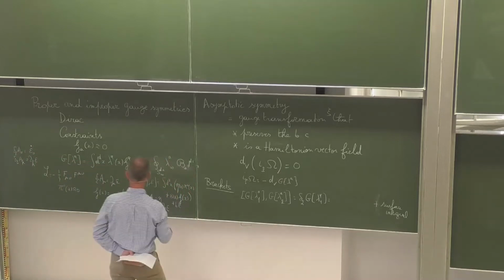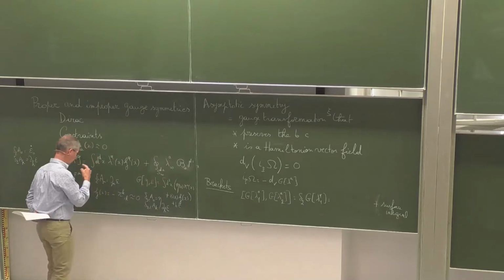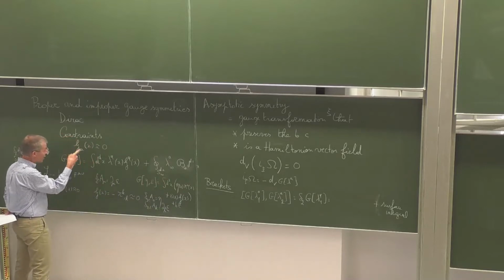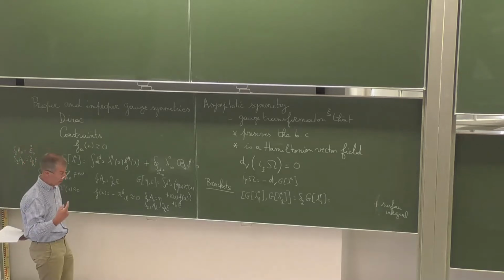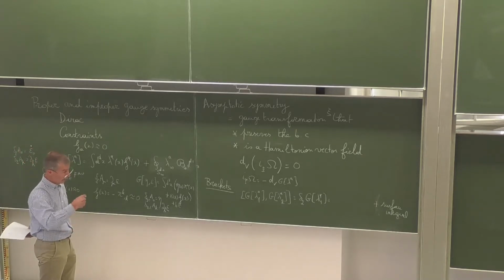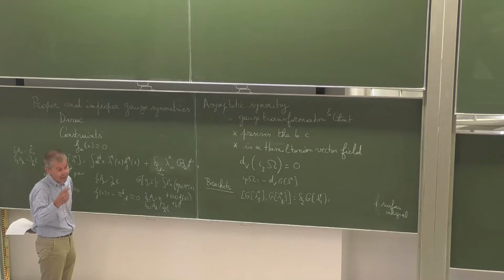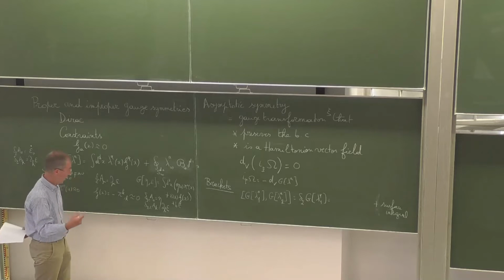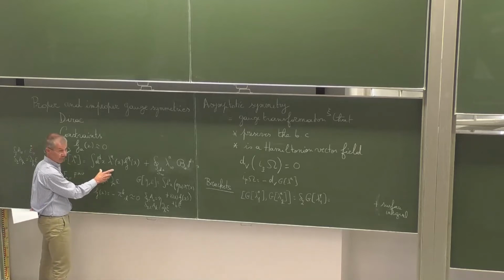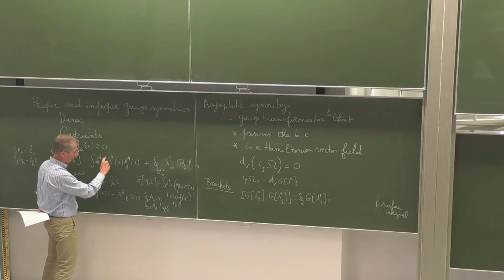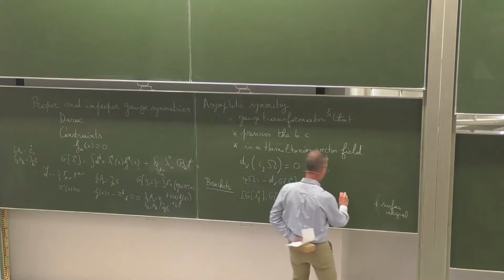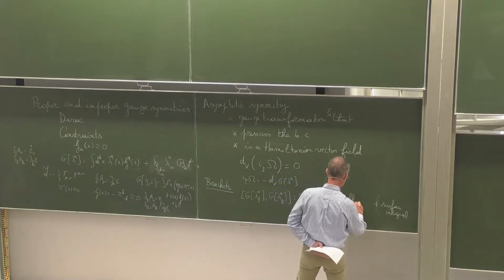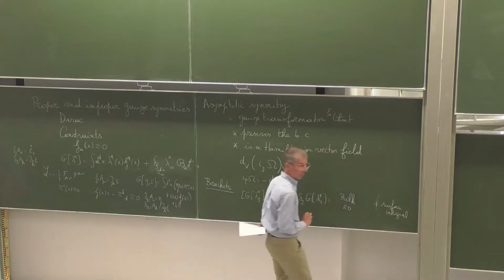Which means that if you compute the variation of the constraints under the gauge transformations, it vanishes when the constraints vanish. So it will be some combination of the constraints that might involve the fields as coefficients. It will take again the same form with some other coefficients, so bulk. It has exactly the same structure.